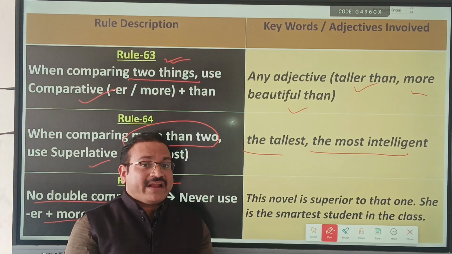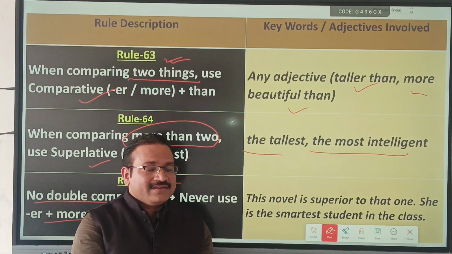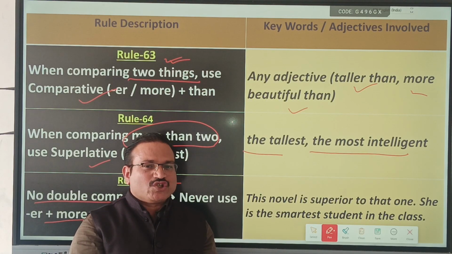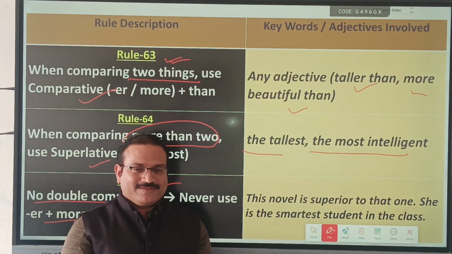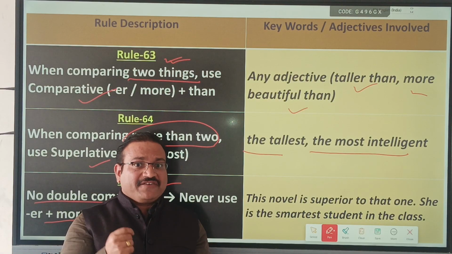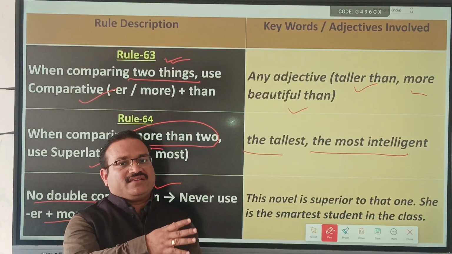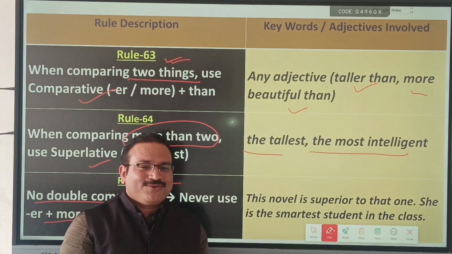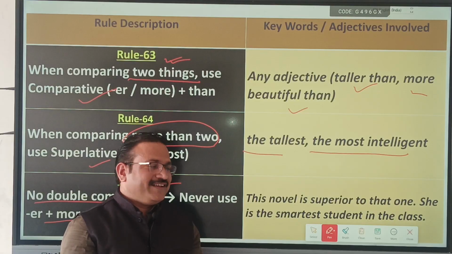Better is already the comparative degree. So adding more is wrong. Double comparatives and double superlatives are not allowed. He is the most toughest person in my class. Wrong. Toughest is already superlative. So why add most?